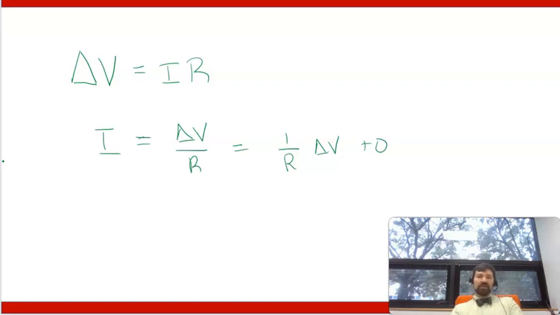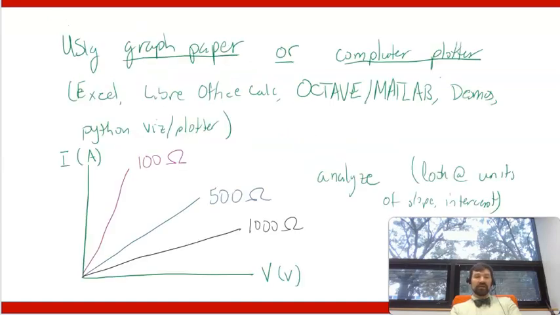This you could also say is IR plus 0, whatever. You should be looking at these equations. These are Ohm's law, 2 versions. Look at these two equations and compare them to what you actually got on this graph, okay?